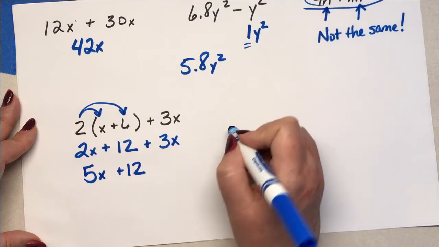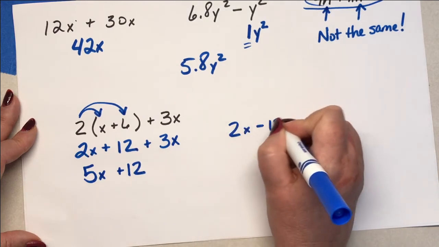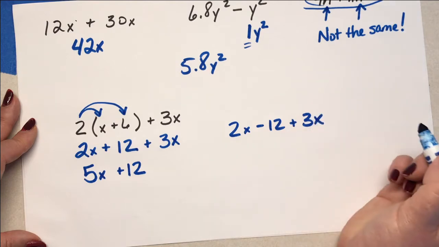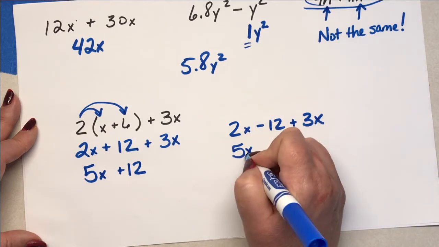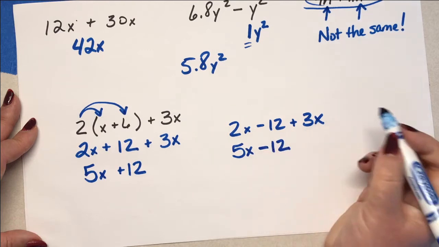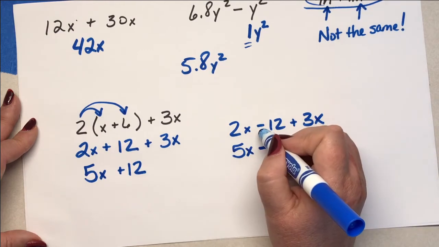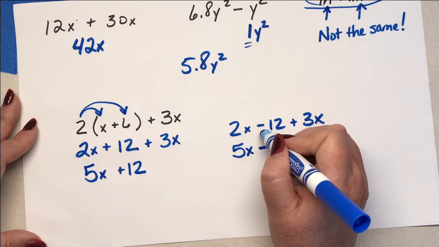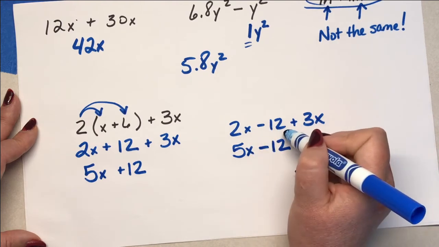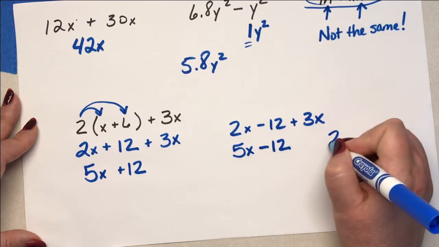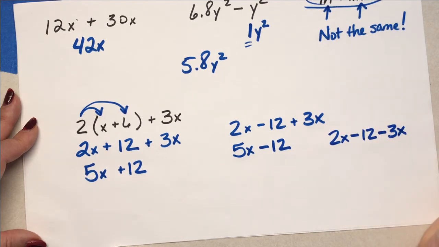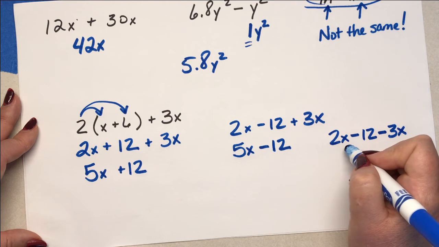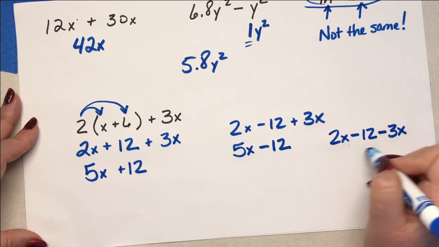Also understand, if this is 2x minus 12 plus 3x, you could still combine 2x and 3x to be 5x, and now it would be minus 12. Because this is essentially adding a negative number. Those are both the same. If you had 2x minus 12 minus 3x, you can still combine 2x and negative 3x.